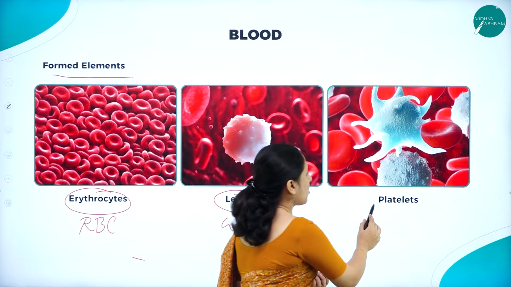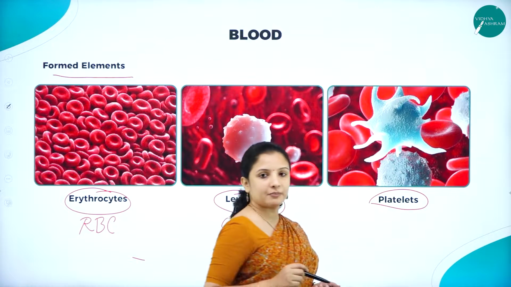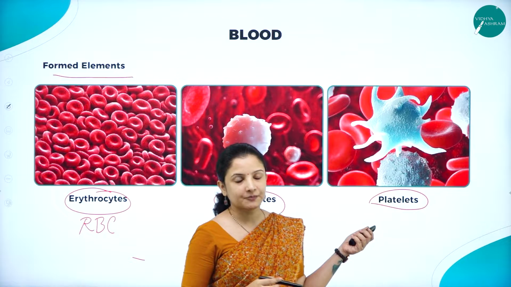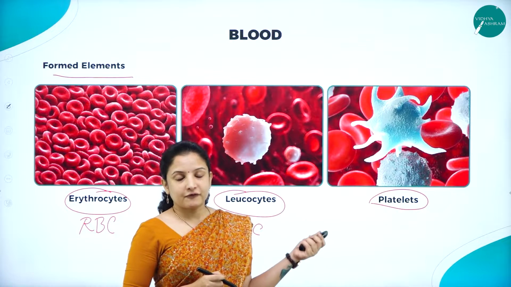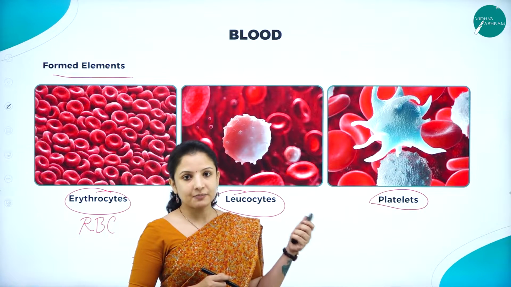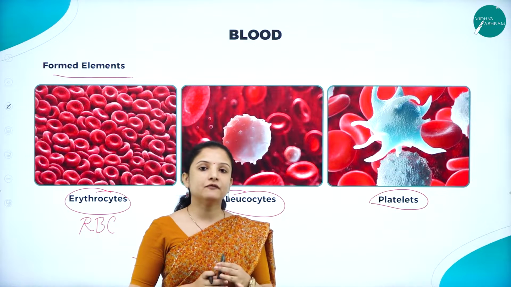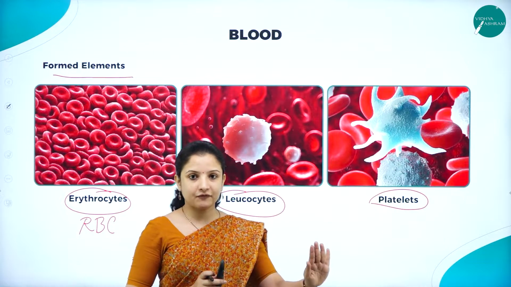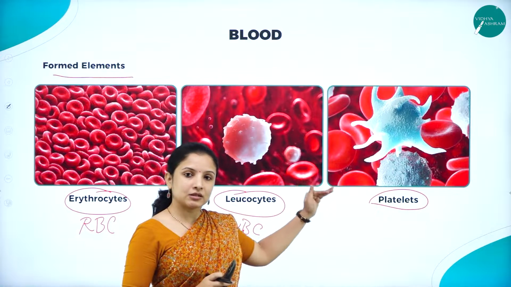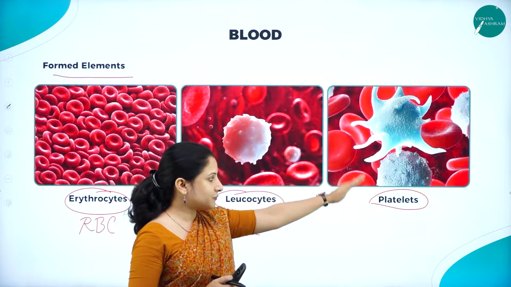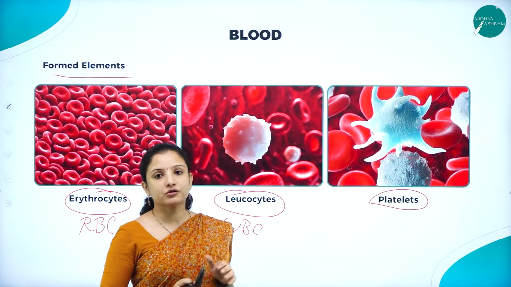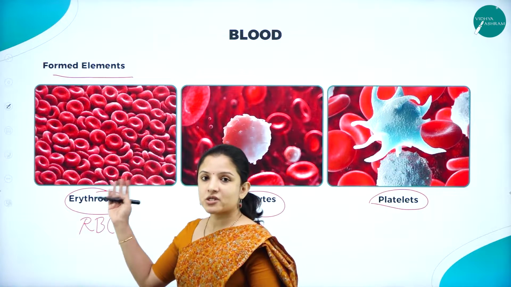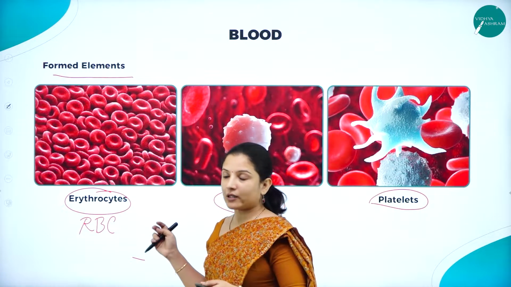Then there are the platelets. So these are the different formed elements that are present in the blood. Don't get confused with the clotting factors that are present in plasma. That is different. But there are certain formed elements called platelets present in the blood, which also help in clotting. So we shall study these three one by one.